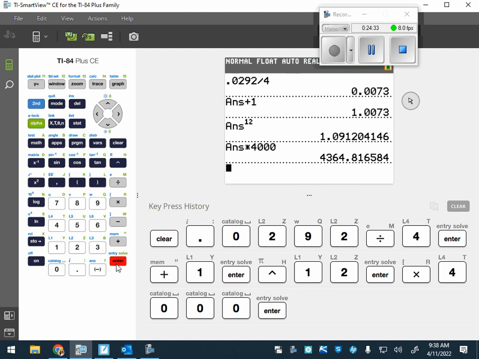The other way I'm going to show you, you have to have parentheses in specific places, or else you'll get a totally different answer. So after 3 years for quarterly, the amount would be $4,364.82.